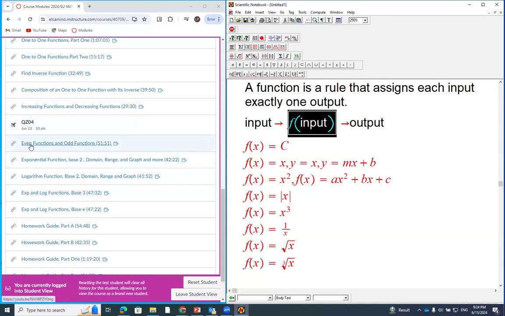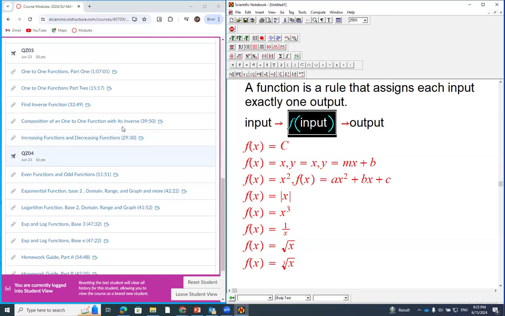These concepts all belong to the rules and how we classify different kinds of functions. And then after quiz number 4, we study or review logarithm functions and exponential functions. Your homework will be on these topics.